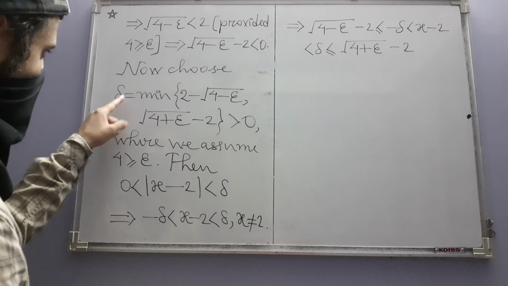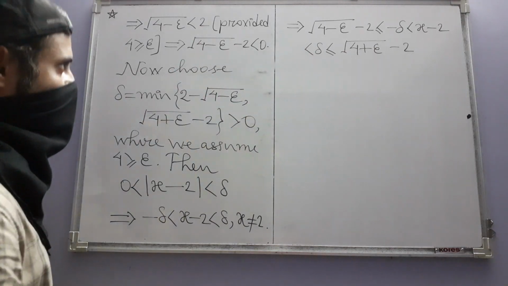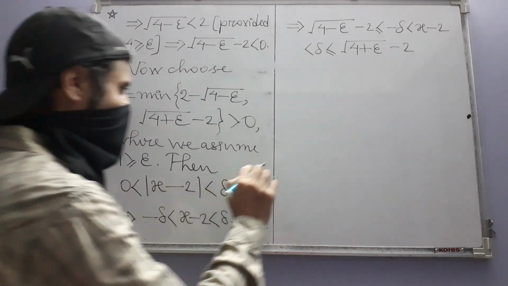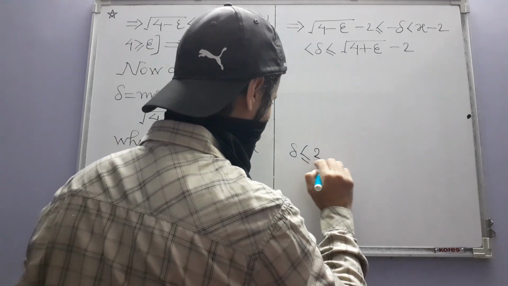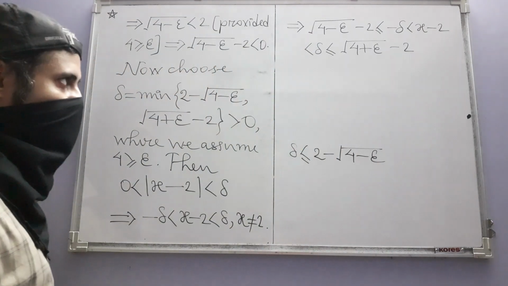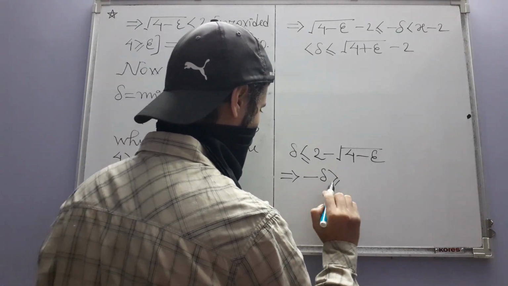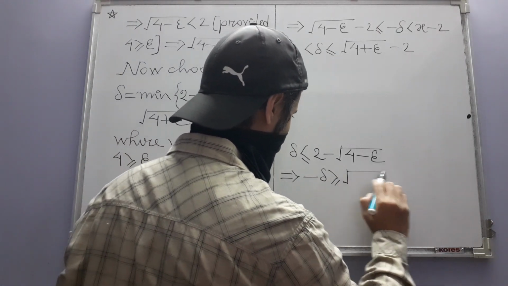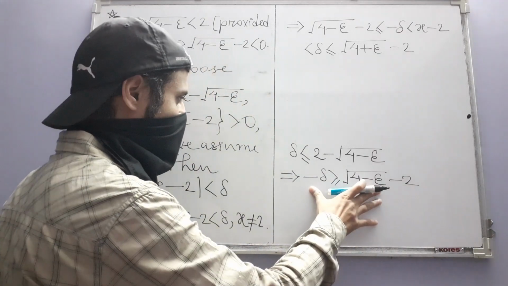In particular, delta is less than or equal to this, so that's what we have written there. But at the same time, delta is less than or equal to this. But that means what? Minus delta is greater than or equal to minus of this, that is this, and this is this inequality.